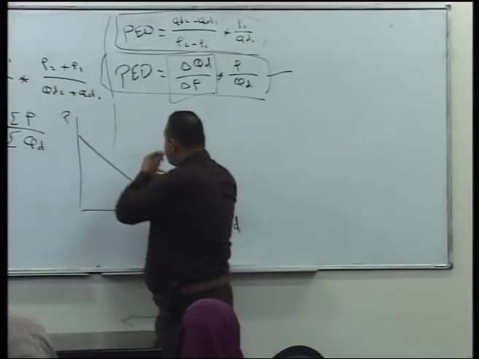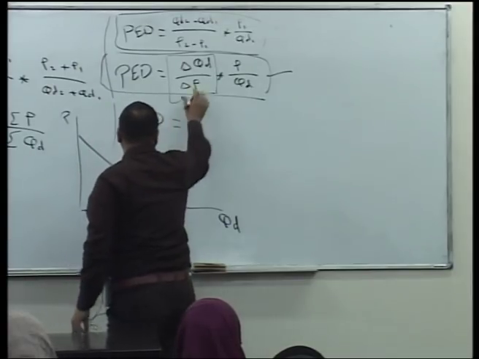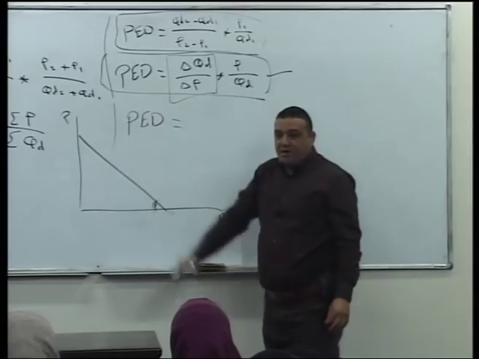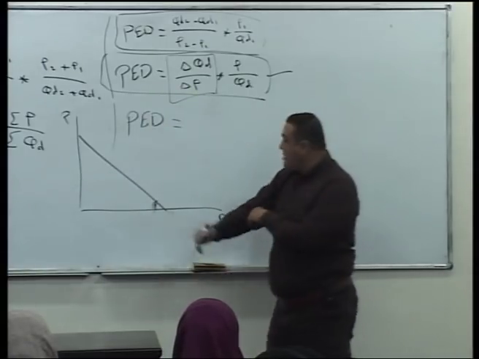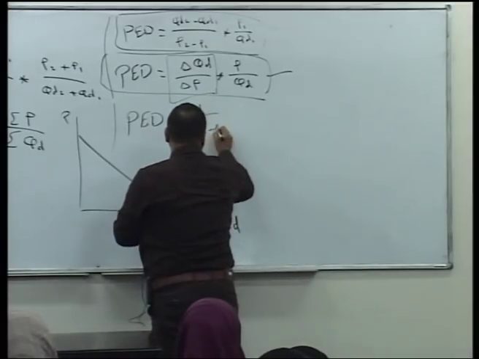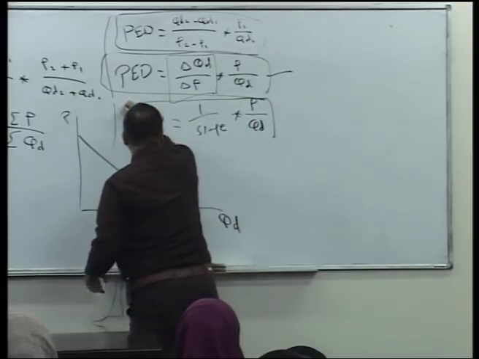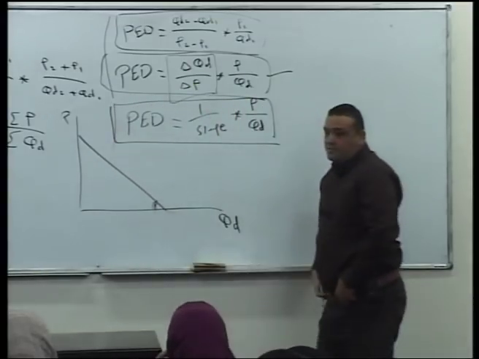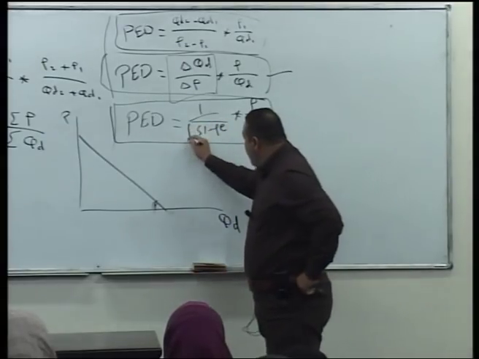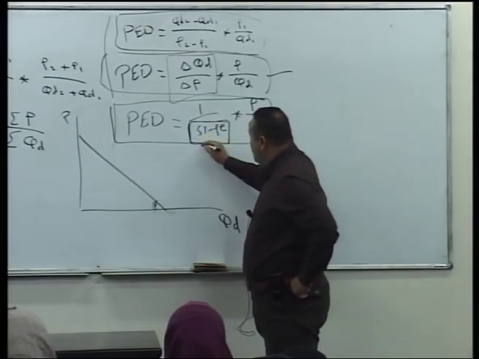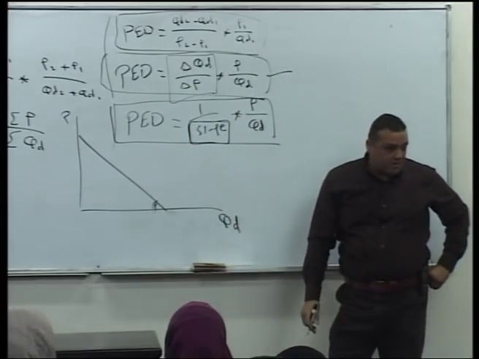So we can say that PED equals 1 over the slope times P over QD. The larger the value of the slope, the lower the value of the price elasticity of demand.